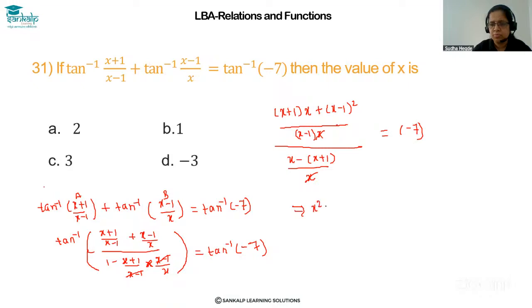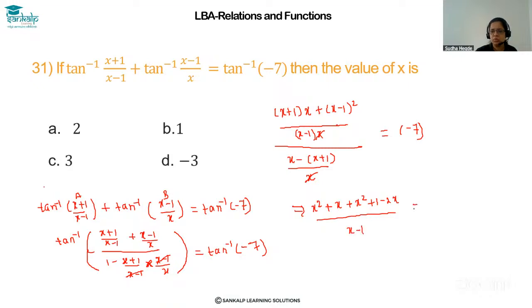Therefore, this implies x square plus x, expand in the numerator, plus x square plus 1 minus 2x. Denominator you will have x minus 1, this x minus 1.